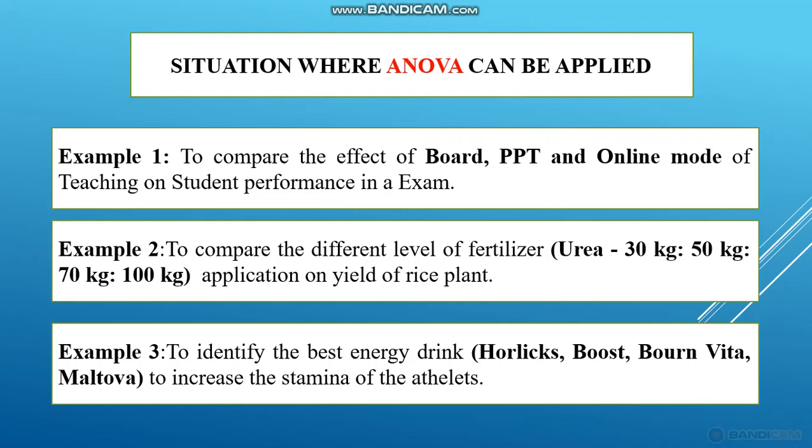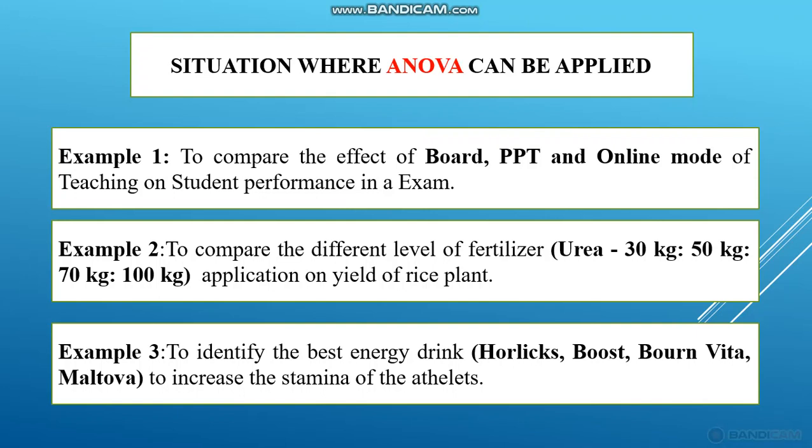That is what we want to compare. In example 2 we have four treatments: the 30 kg level, 50 kg level, 70 kg level, and 100 kg level. So here we want to compare four means, and we can use ANOVA.